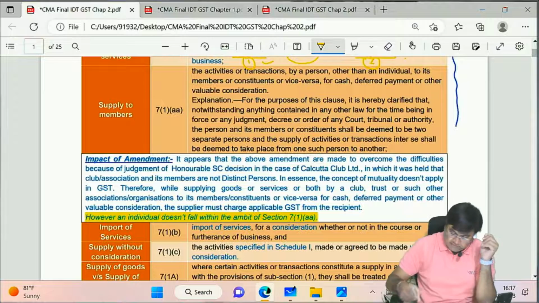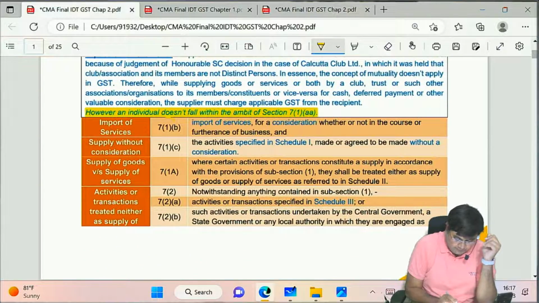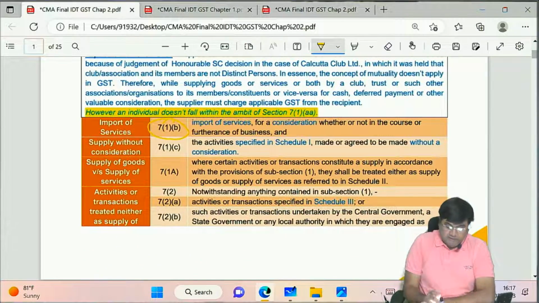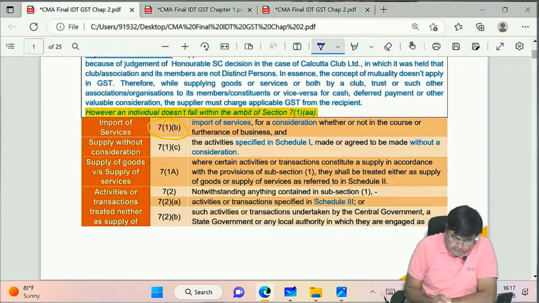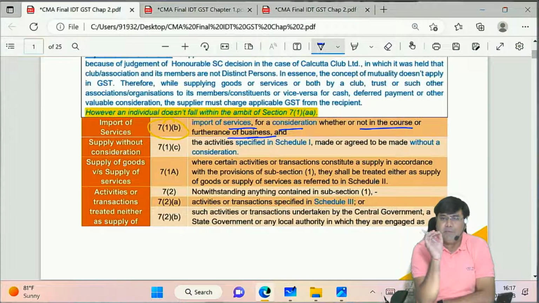So jump to Section 7 subsection 1 clause B: import of services for a consideration whether or not in the course of furtherance of business. So if import of services is there and consideration is there, it may not be in the course of furtherance of business, it is going to be a supply subject to GST.